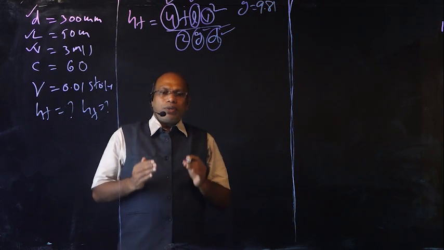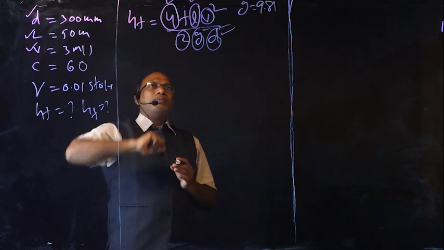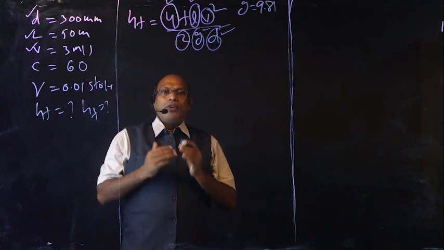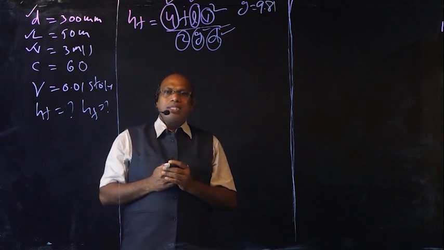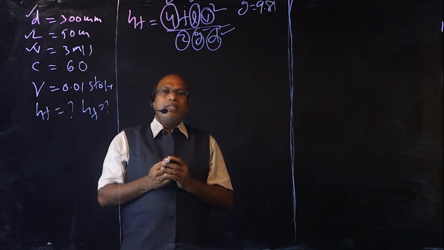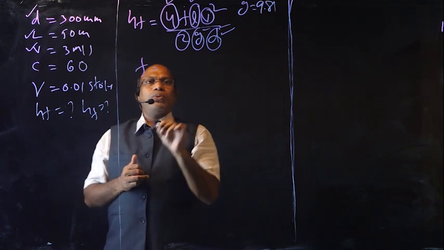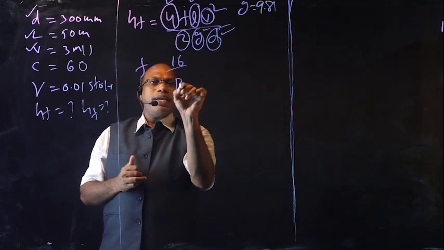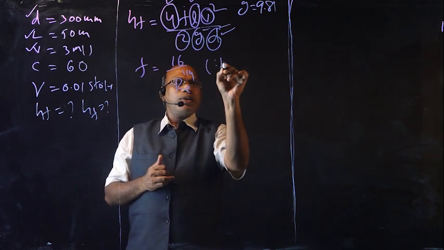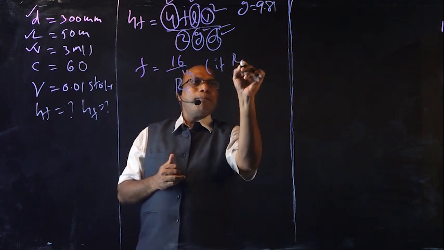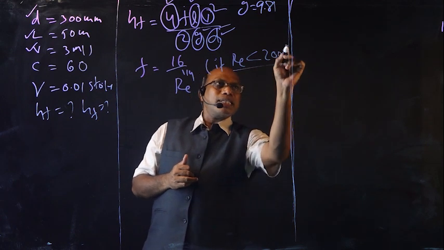For the determination of head loss due to friction, first we are going to determine the coefficient of friction. For the determination of coefficient of friction, we have two formulas, which depend on the Reynolds number. Coefficient of friction f is equal to 16 divided by Reynolds number, if Reynolds number is less than 2000.